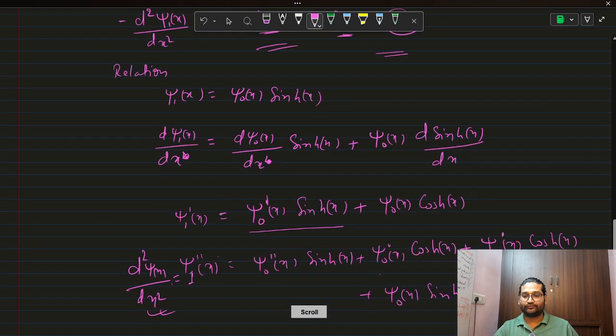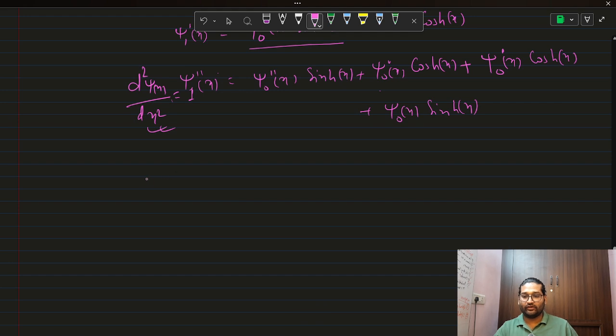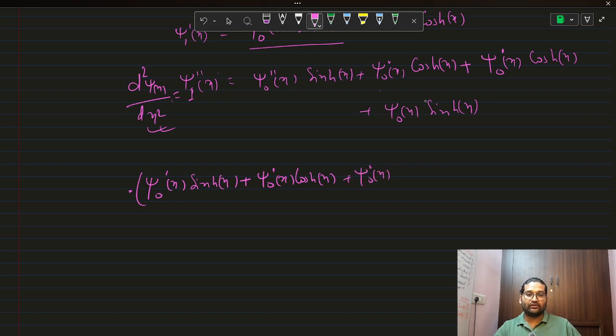So we will put here minus psi naught double dash x sine hyperbolic x plus psi naught dash x cos hyperbolic x plus psi naught dash x, so this will be twice of 2 psi naught dash x cos hyperbolic x plus psi naught x sine hyperbolic x, and then the potential part, that will be V naught x.